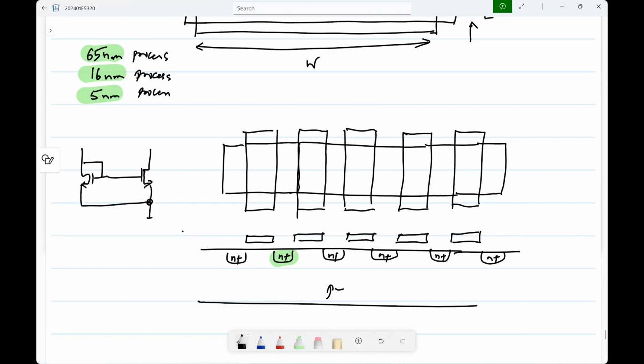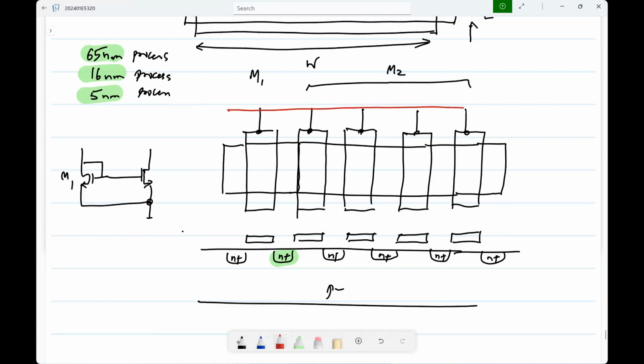Okay. I won't use common centroid, but let's say this gate belongs to M1 and these 4 belong to M2. And you connect all of them together.